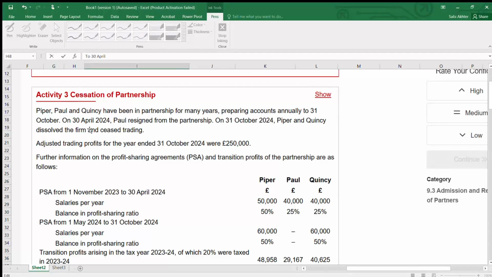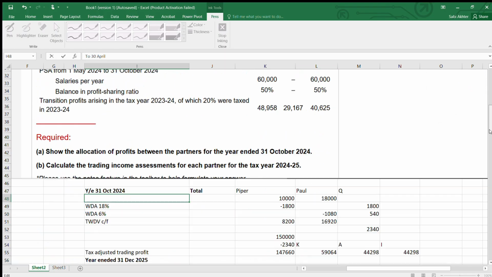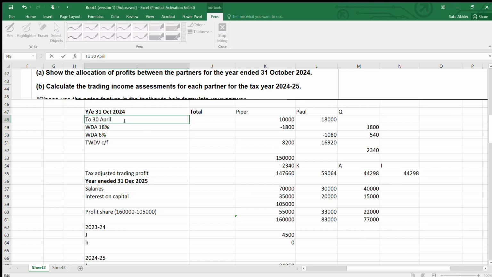On 30th April 2024, Paul is resigning. How many months? 6 months, right? Here it is 6 months.